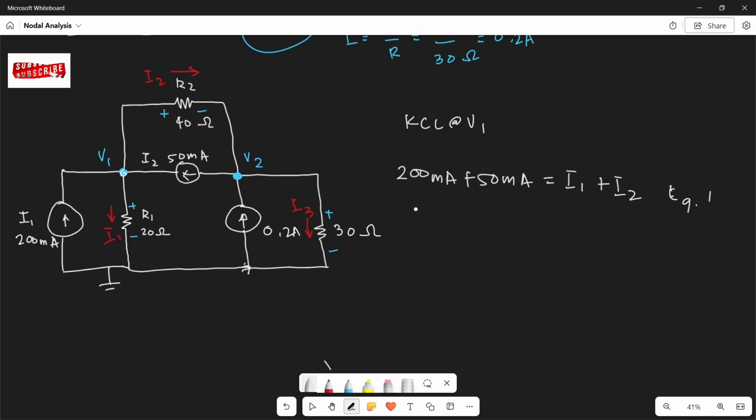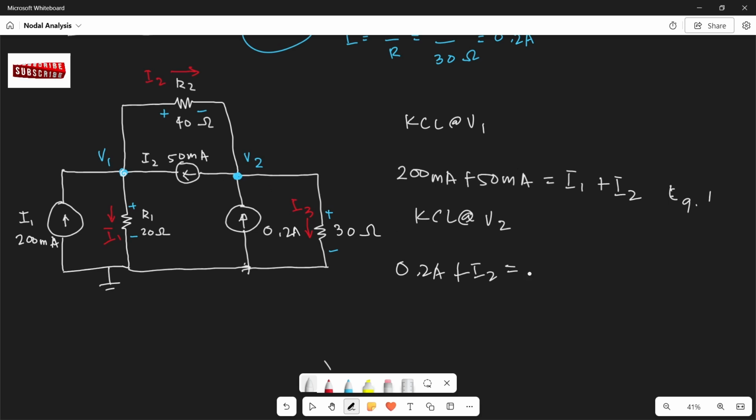Let us also apply KCL at V2. There is a current going in, which is 0.2 amperes. What else is going in? I2, because I2 flows from here towards V2. So 0.2 amperes plus I2 is equal to all the currents leaving the node.